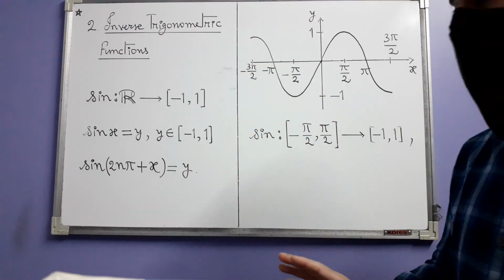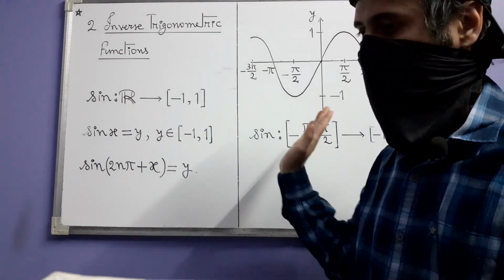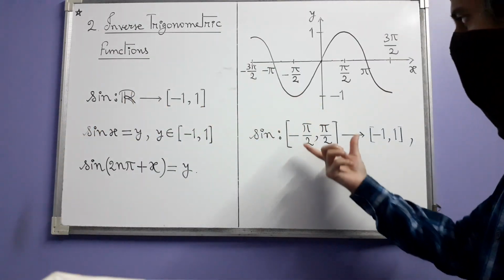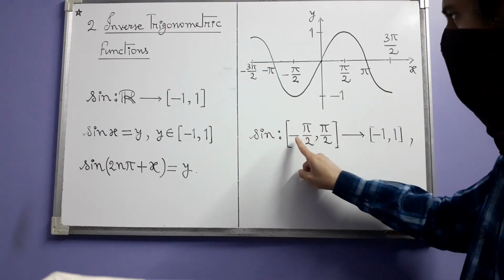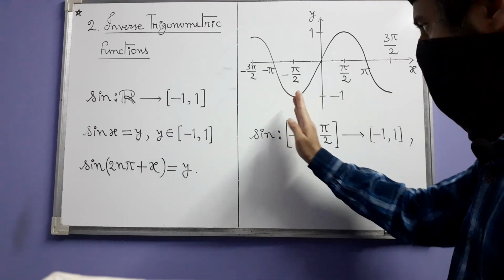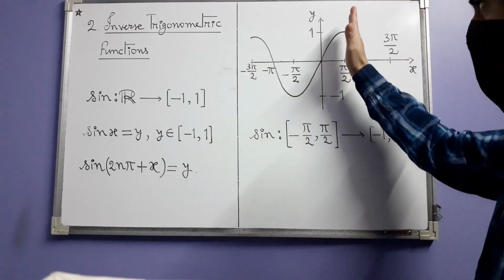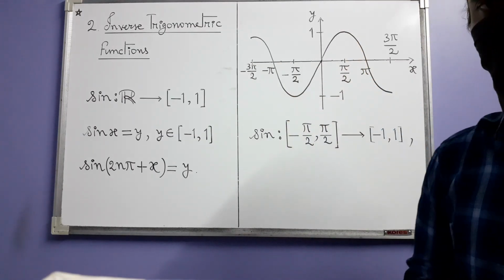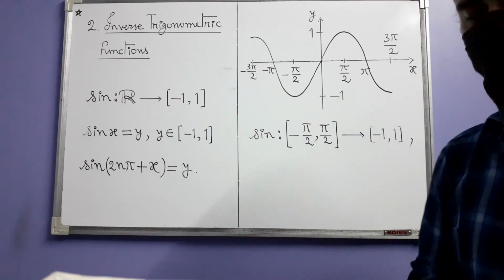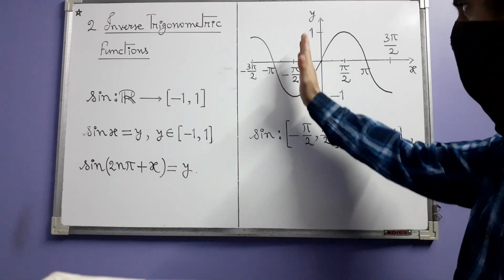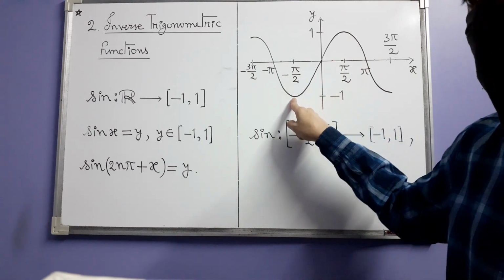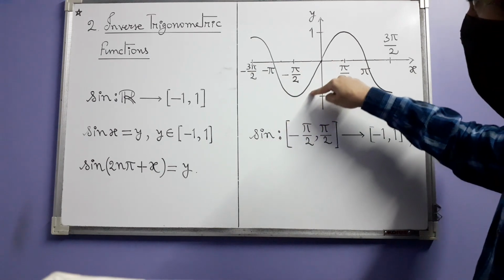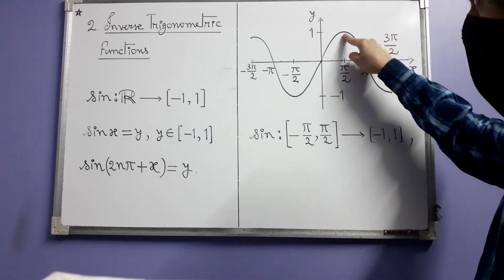We are no longer allowing it to be defined on the entire real line, but rather only on this interval, where the left endpoint is minus pi divided by 2 and the right endpoint is pi divided by 2. So now the graph also is only this much. It will start at this bottom point, go like this, and end here.